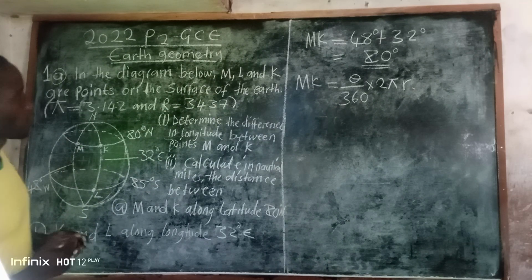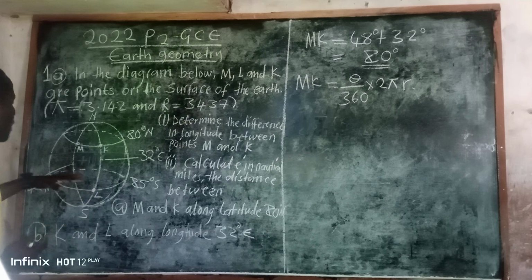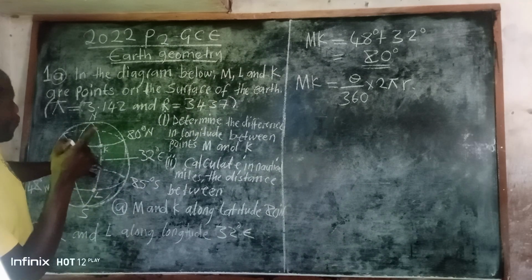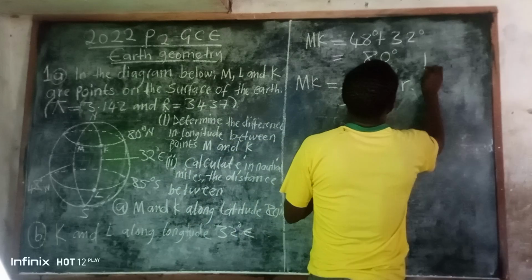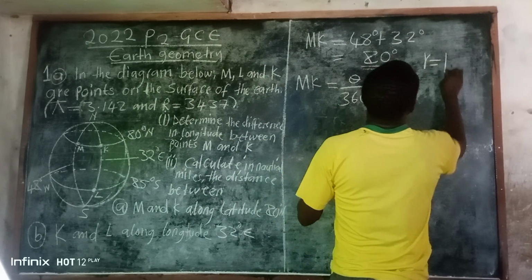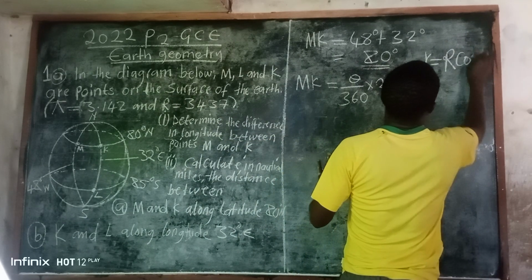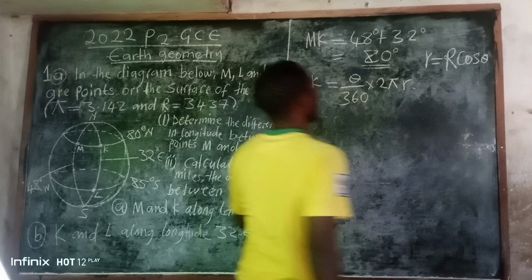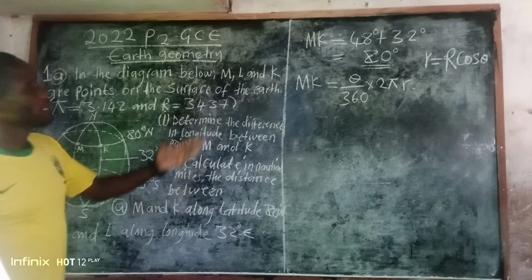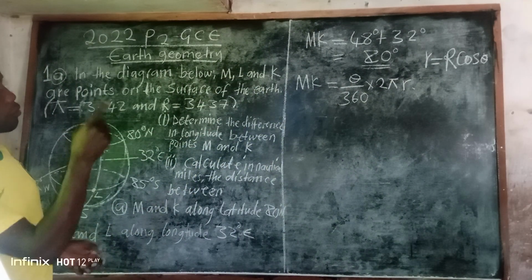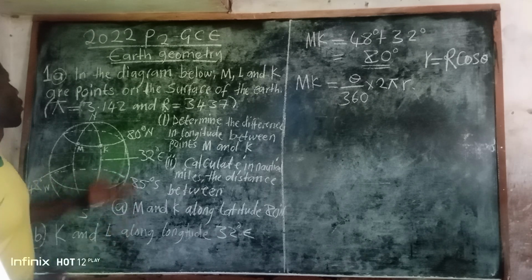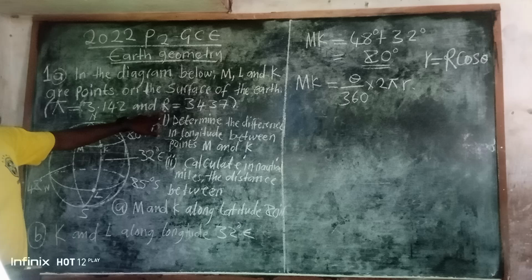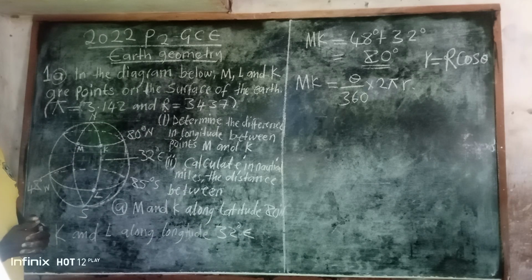Before we proceed, you must understand that the small r is the same as R cos theta. So when substituting, instead of writing the small r, we are going to write big R cos theta, because in the question we are only given the big R, we don't have the small r.